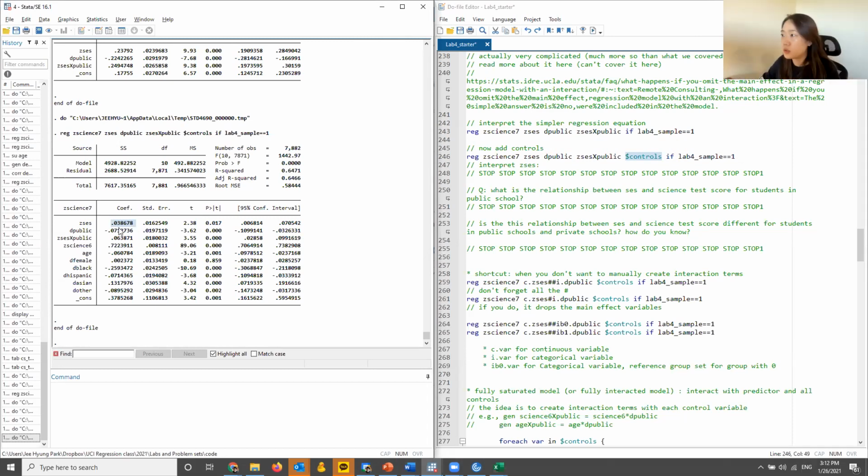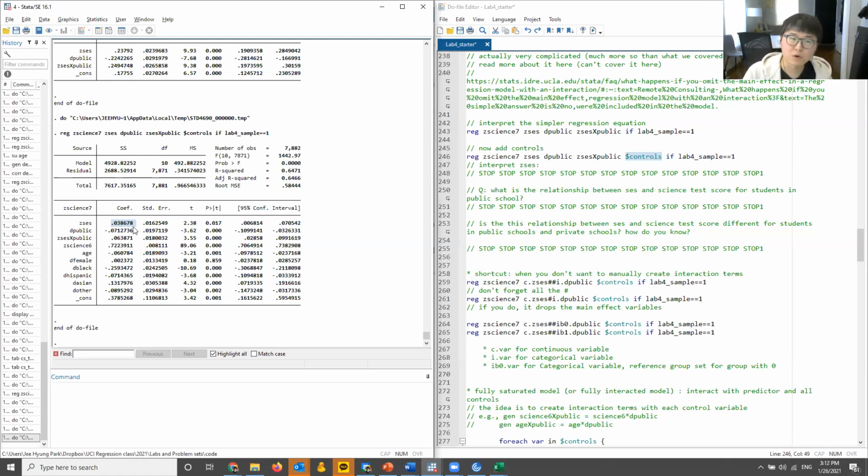How much your science score would increase in relation to 1 unit of standardized SES while holding constant the other control variables. Yeah, for the person in private school, right?